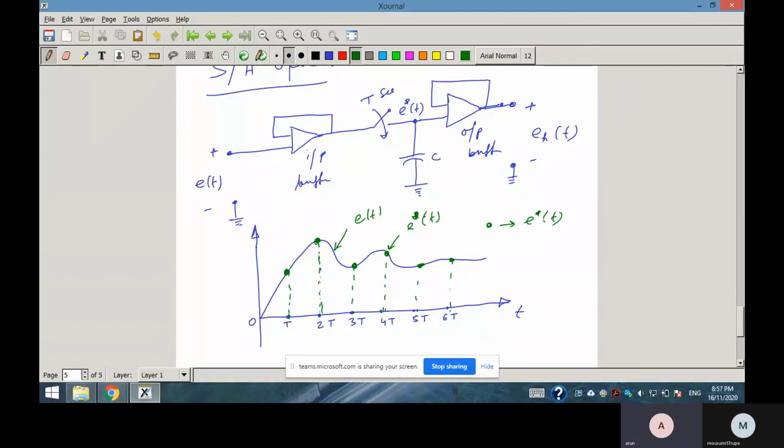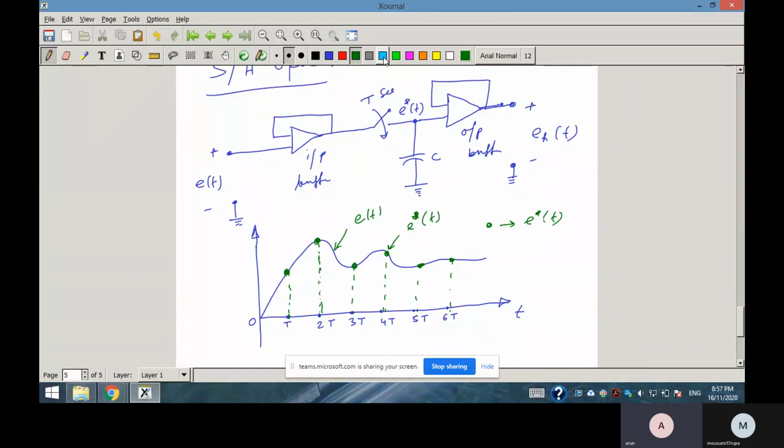Now what will happen? What will be the e_h? When e*(t) comes, the capacitor will be charged, and it will immediately hold the voltage.